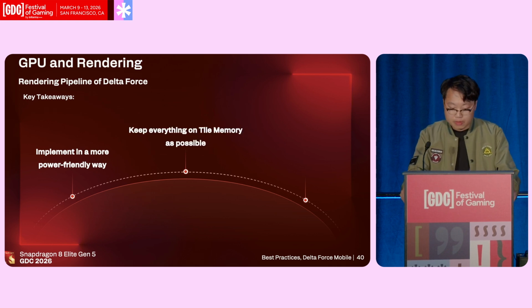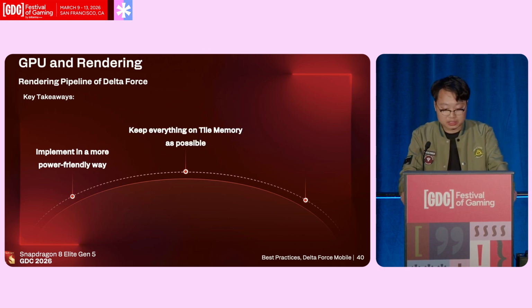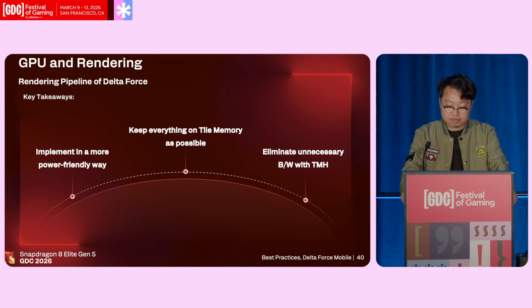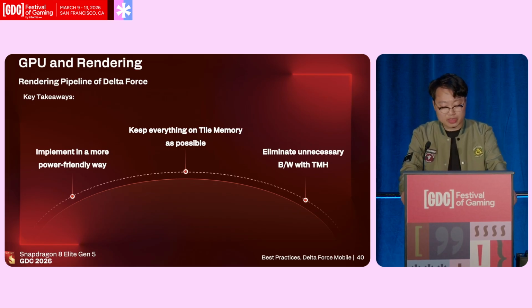Second, merge as many render passes as possible. That is very important, including the scene rendering, auto exposure, tone mapping, and UI. Third, for render pass transitions that truly can't be avoided, use tile memory heap to eliminate the bandwidth overhead. So that covers the bandwidth optimizations for the rendering pipeline.